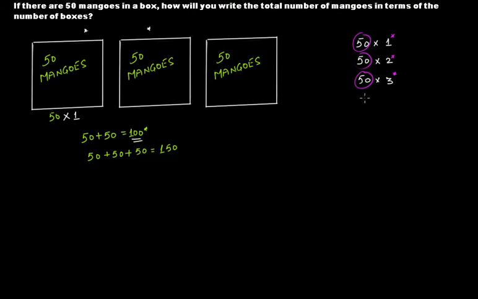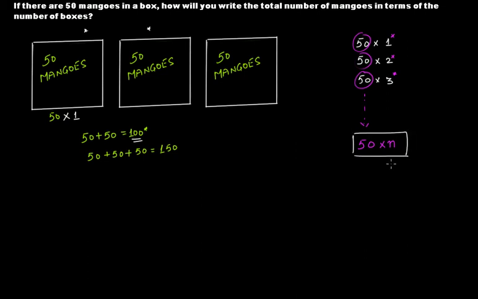So what does that tell us? It tells that if we have n number of boxes, then the total number of mangoes in n number of boxes will be what? 50 times, that is multiplied by n.